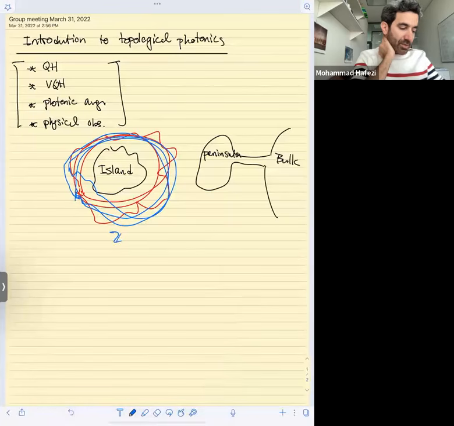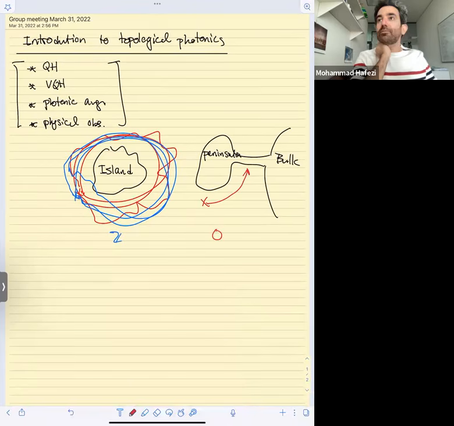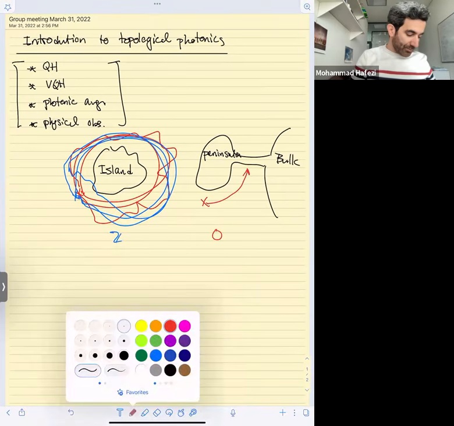That can be positive or negative. But if you want to do the same thing for a peninsula, if you want to go around it, you cannot do it. So that number becomes 0. So they are topologically distinct. So I have actually come up with some integer that distinguishes an island and a peninsula.